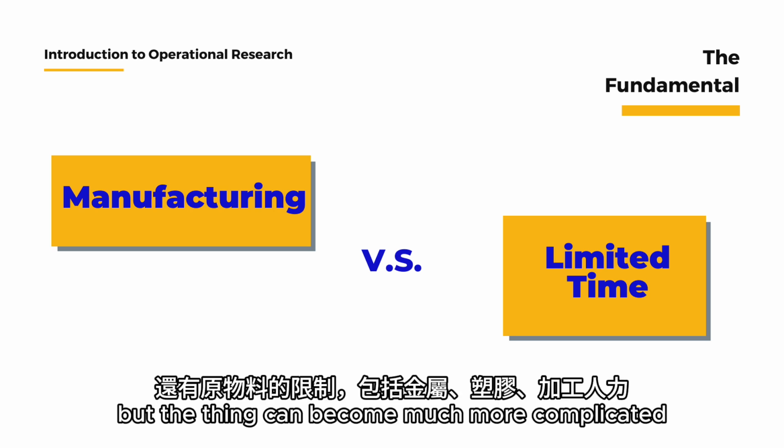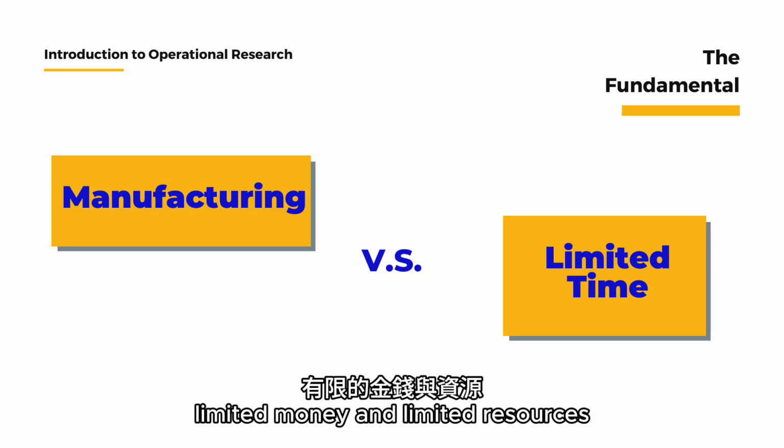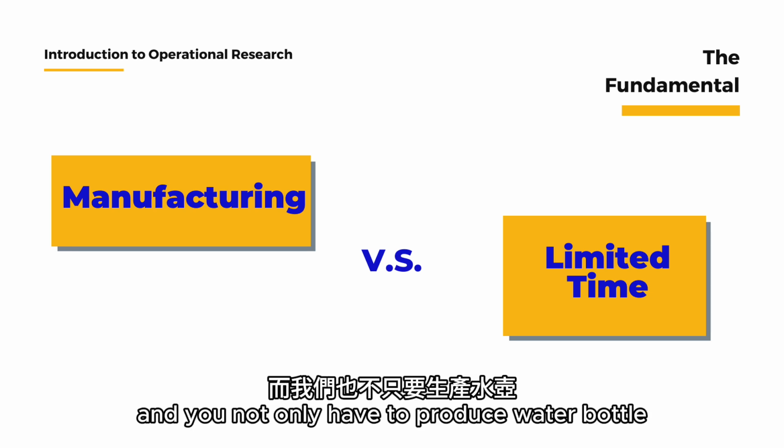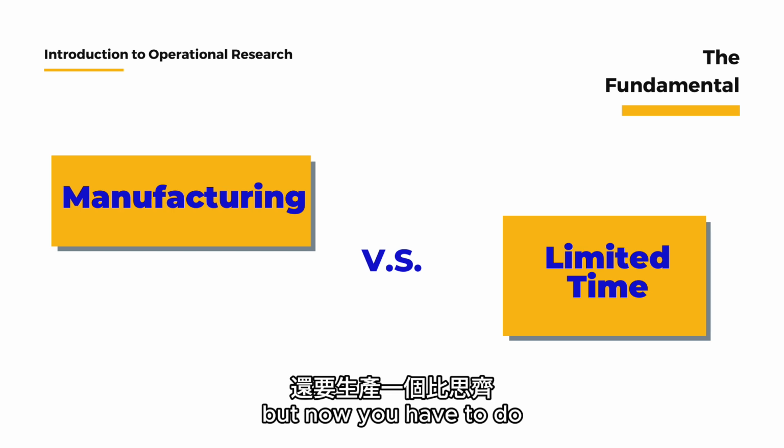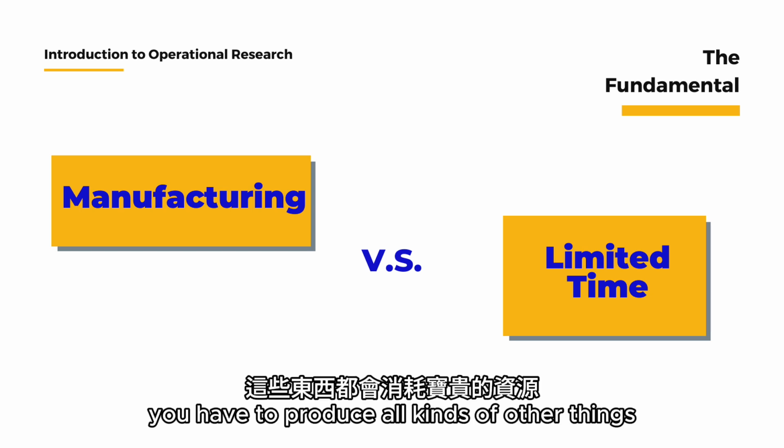But things can become much more complicated. You have limited time, limited money, and limited resources. And you not only have to produce water bottles, but now you have to produce a basket. You have to produce all kinds of other things.